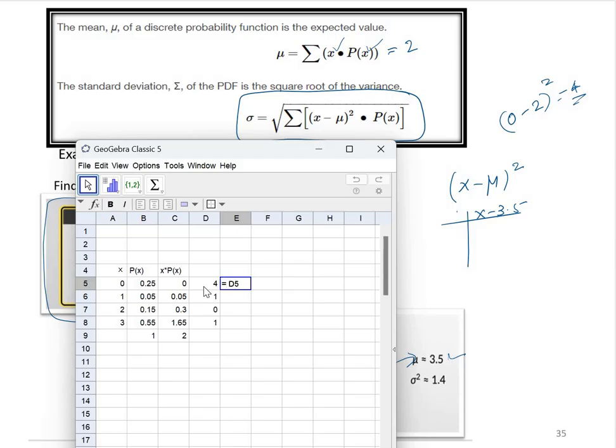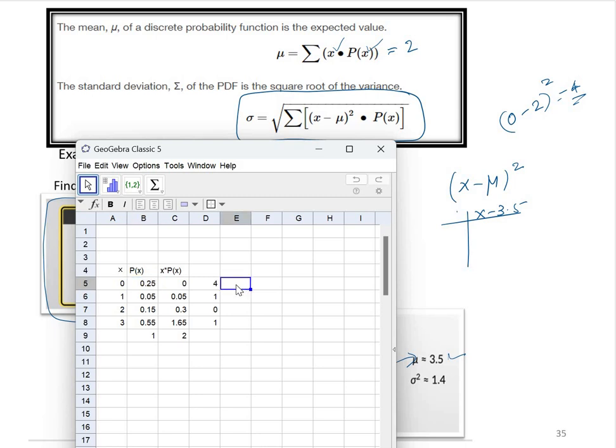So we just pick that one, equal to, then times, shift and the star key. x minus mu the whole square is there, times p of x. P of x is this column.